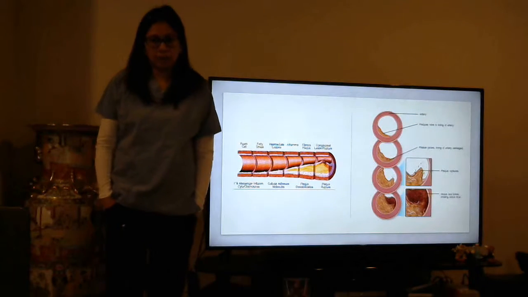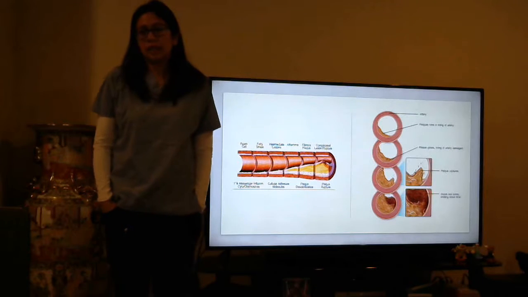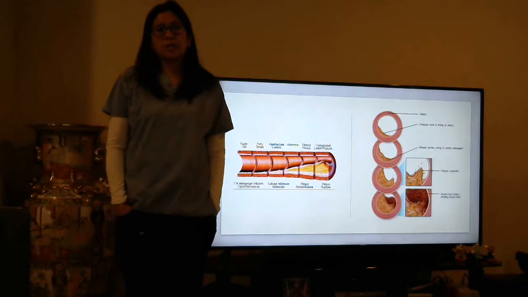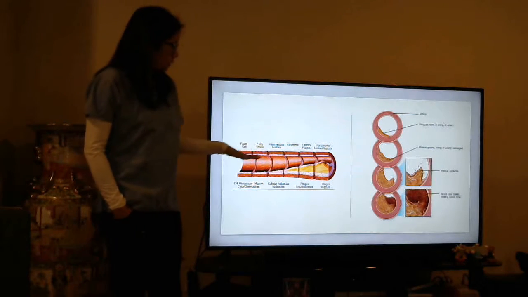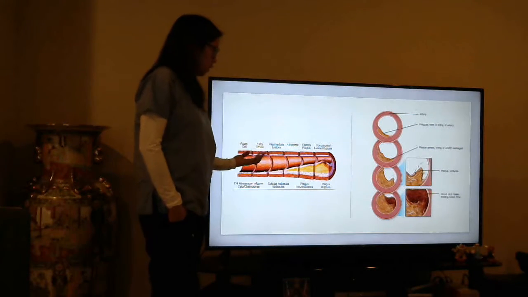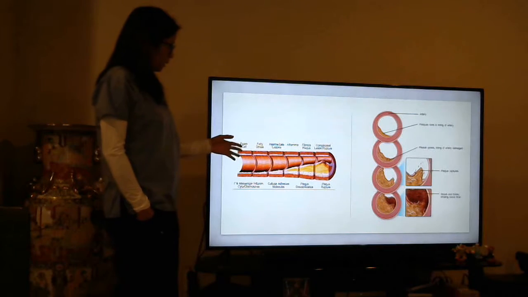When we have atherosclerosis, which is a disease of the large and intermediate arteries, there are lesions that develop, and these lesions get stuck to the arterial walls. What happens? There's an initial injury, usually by hypertension, some type of injury that starts to form.